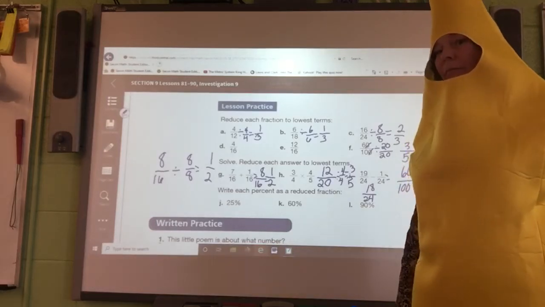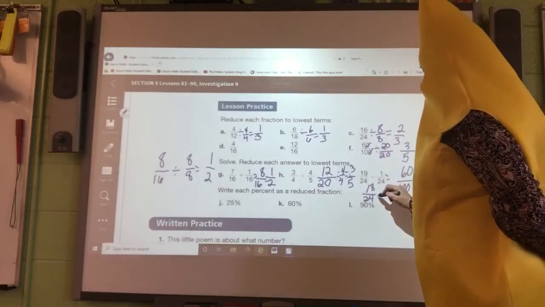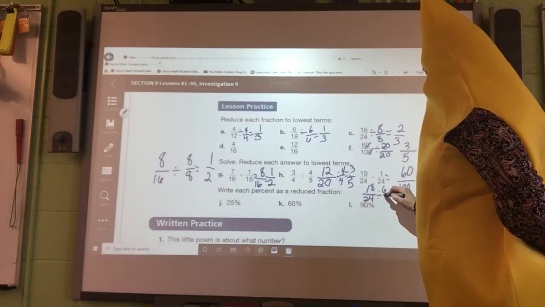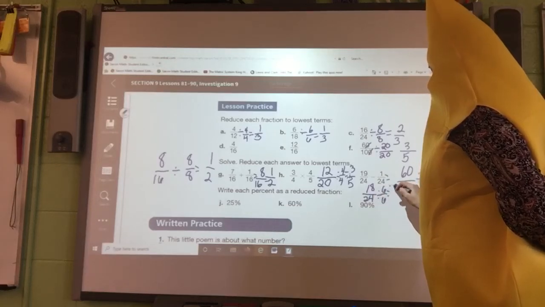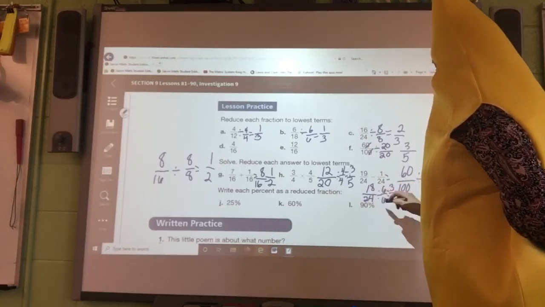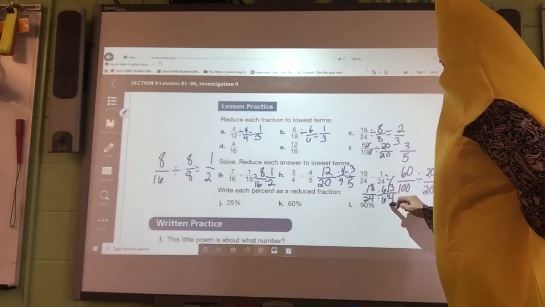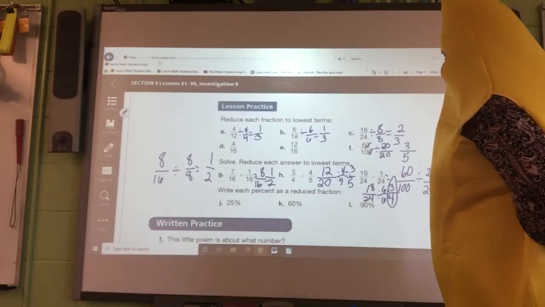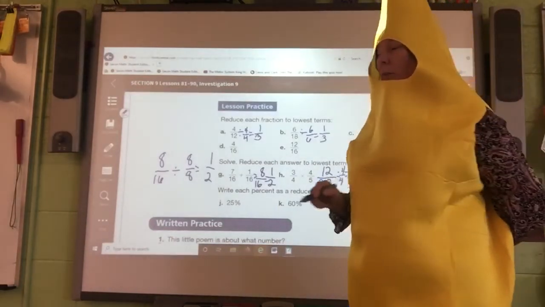All right, what goes into 18 and 24? 6 goes into 18 and 24. 6 goes into 18 3 times. 6 goes into 24 4 times. 3/4 is my answer. All right, now I get to write each percent as a reduced fraction.